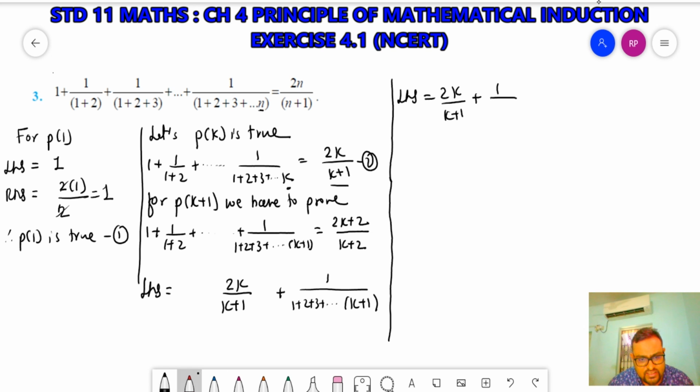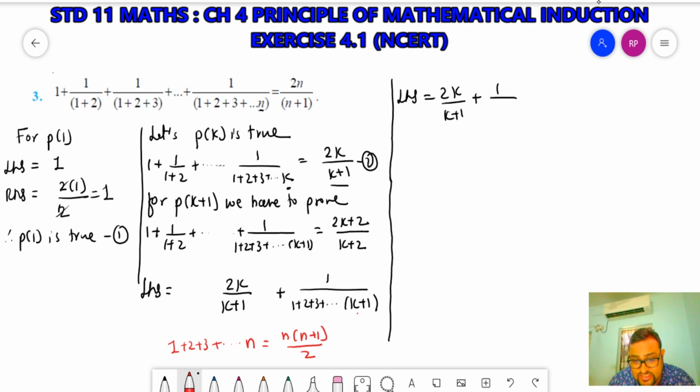If it was 1 plus 2 plus 3 up to n, then you are studying sequence and series, that summation of n natural numbers is equal to n into n plus 1 by 2.